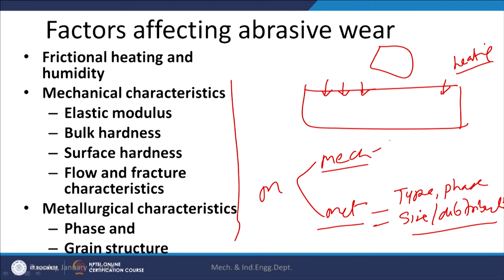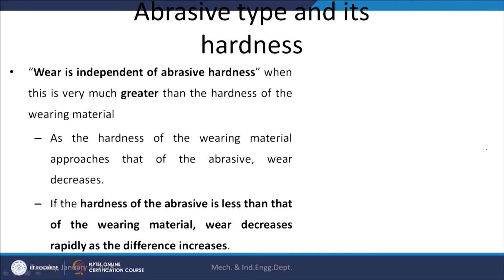Among the mechanical properties, it is basically the combination of the hardness and the flow strength of the material. These are the two important mechanical properties which govern the abrasive wear behavior of the material.